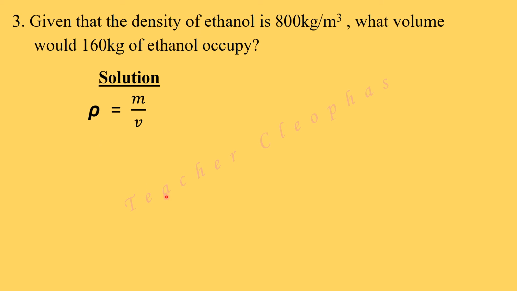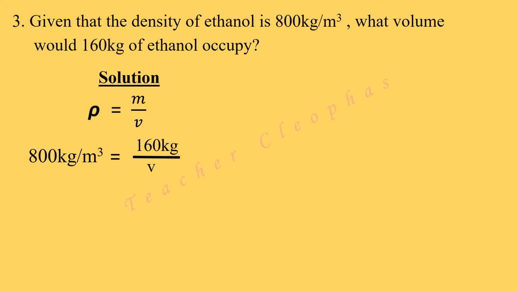Then the next step is to substitute for what we have, and that is density is already 800 kilograms per cubic meter. This equals the mass, which we know, that is 160 kilograms, divided by volume that we don't know, so let it be V.